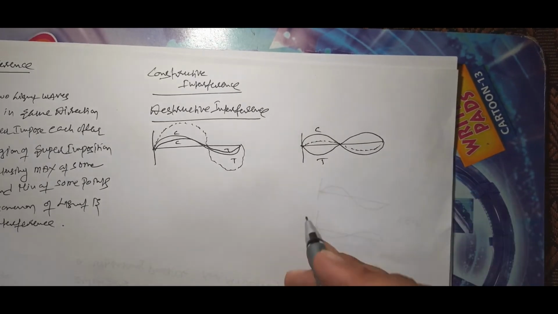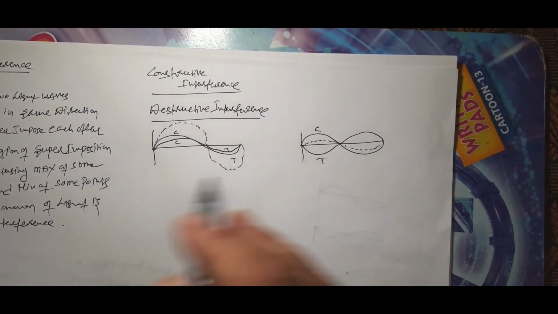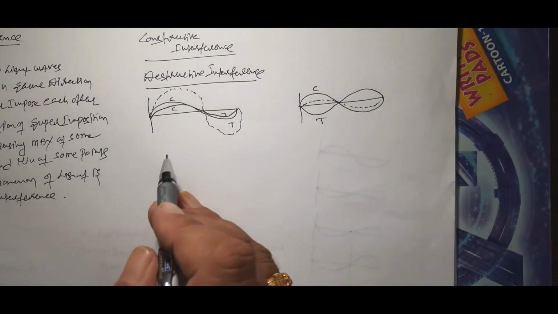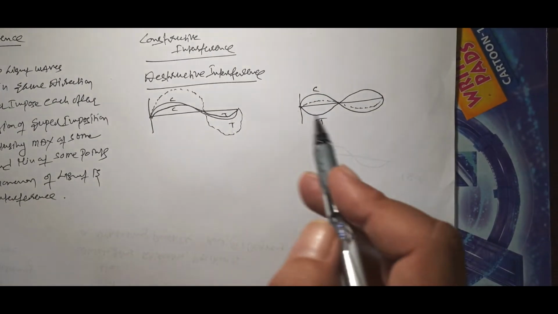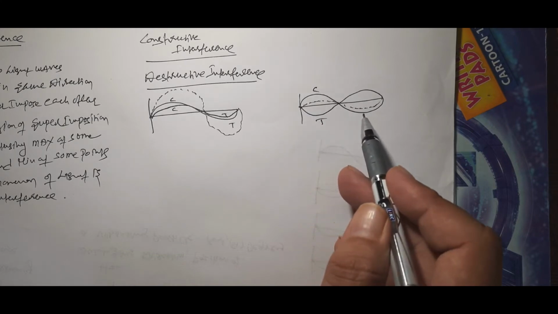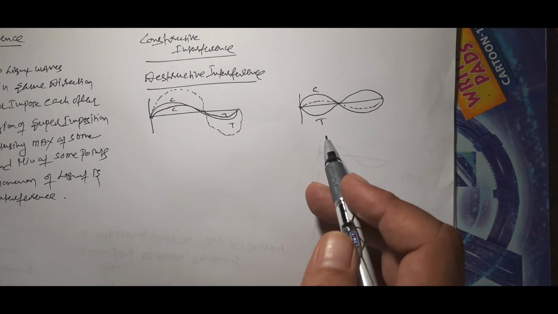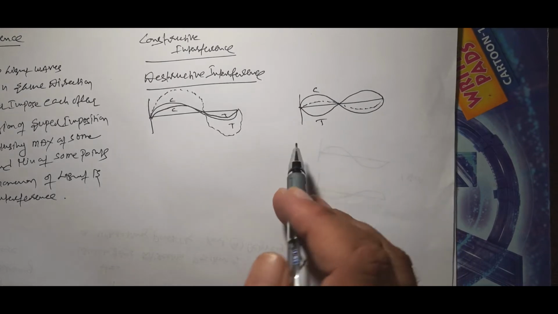This type of interference is called destructive interference. So in constructive interference, the resultant intensity is maximum, but in destructive interference, the resultant intensity is minimum.